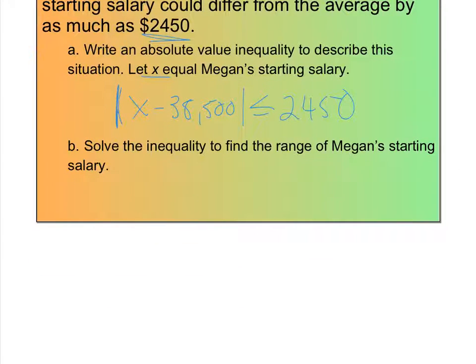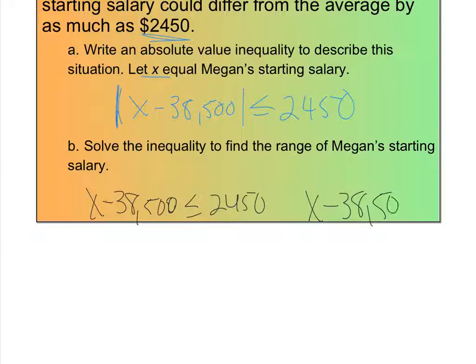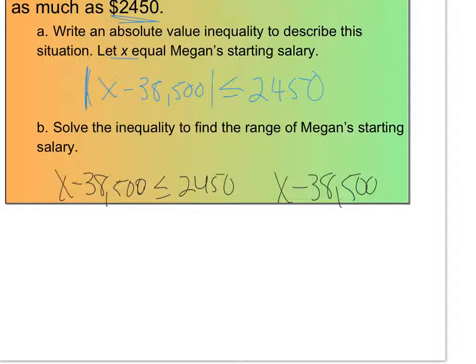So let's solve this. So I'll have X minus $38,500 less than $2,450, or X minus $38,500 greater than or equal to negative $2,450.